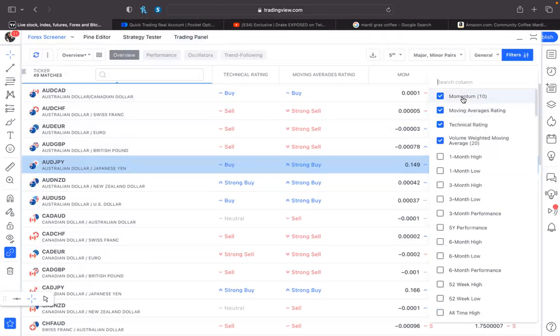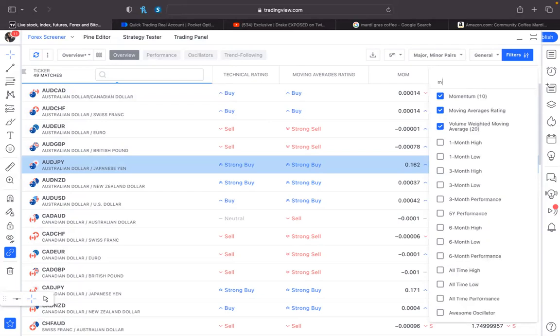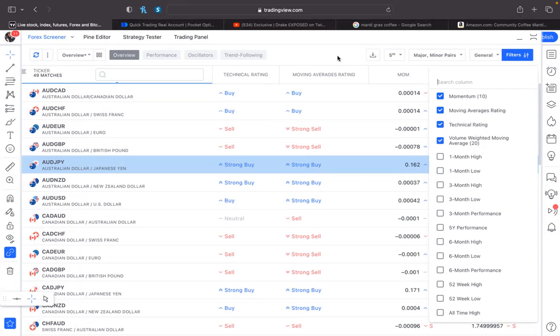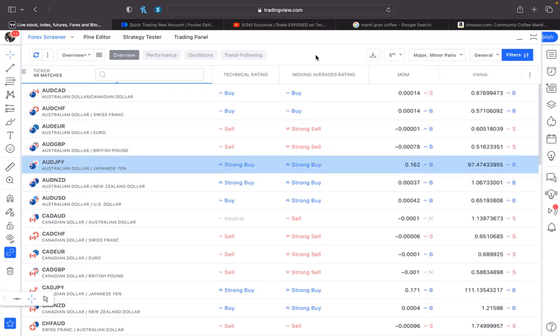I use the momentum, moving averages rating, the technical rating, and the volume weighted moving average. Any indicator that is on Pocket Option or even the regular Forex MetaTrader, you can type it in here and you can add it. But these are the indicators that I use.